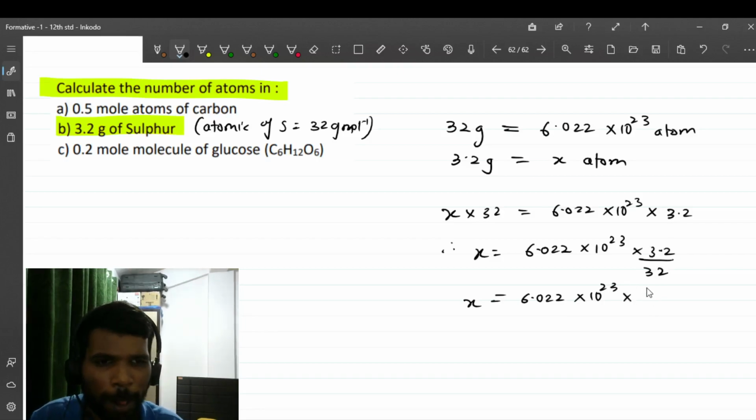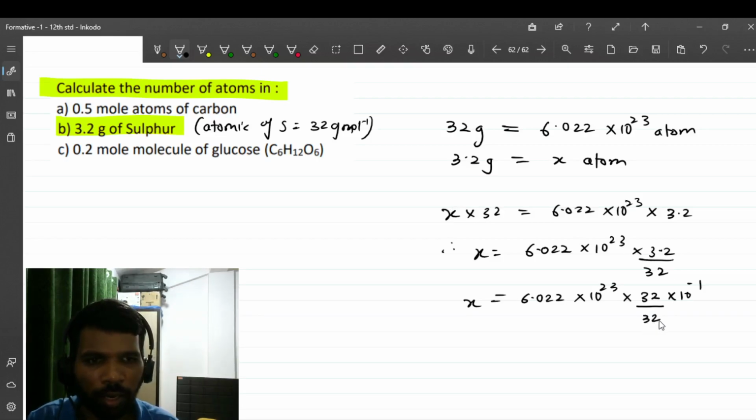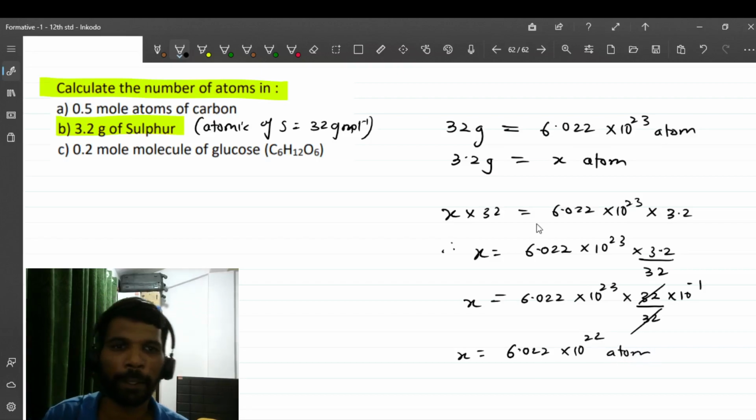It's very simple, don't get scared. You can change the top one to be 32 into 10 raised to minus 1. Like in the previous classes, you used to multiply by 10, divide by 10. It is a similar kind of thing. You write 32 into 10 raised to minus 1, and this is 32. This and this will get cancelled. So X is equal to 6.022 into 10 raised to power 23 minus 1. So 6.022 into 10 raised to 22 atoms are there. Okay, this is the thing.